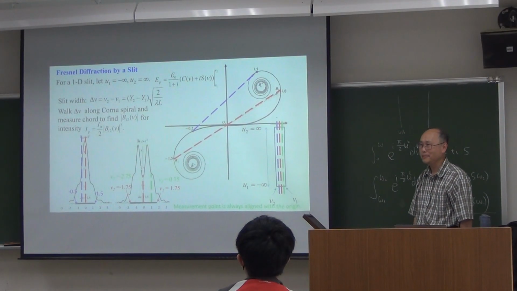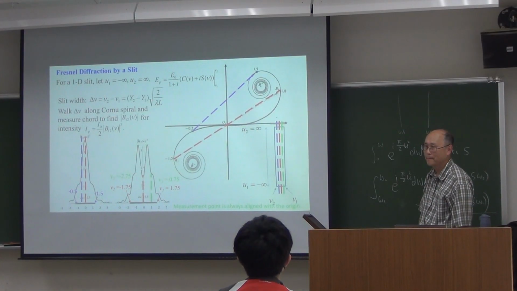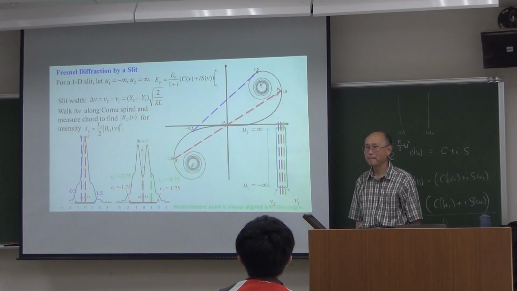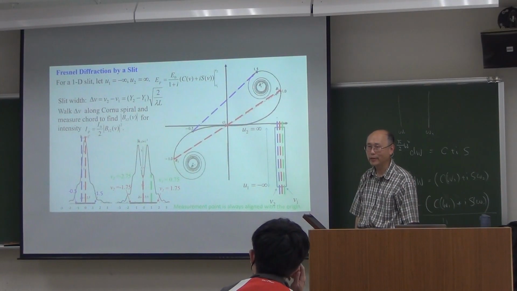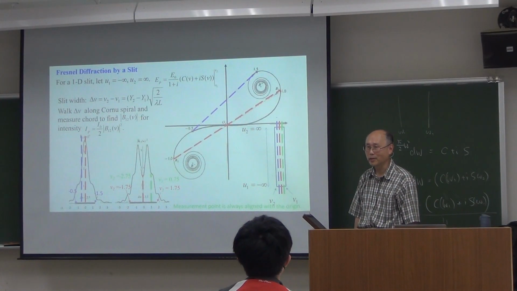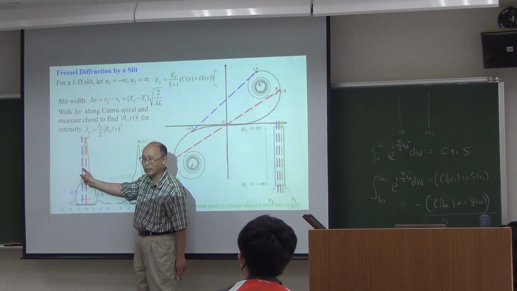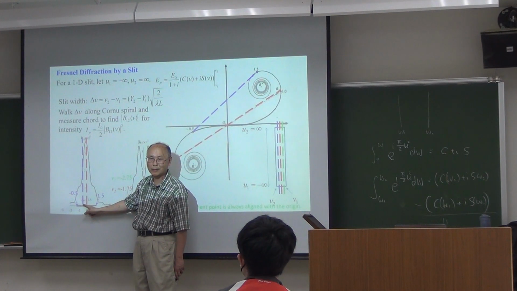All right. So this is how you use the Cornu spiral for a slit with two boundaries. Again, the first thing you need to remind yourself is that wherever you want to figure out the intensity, you draw a line and define your new origin.